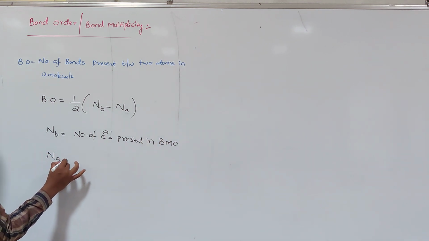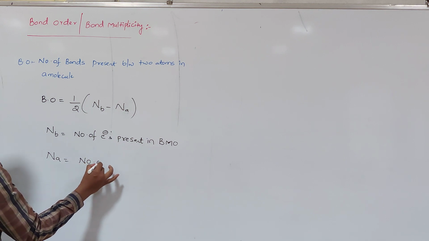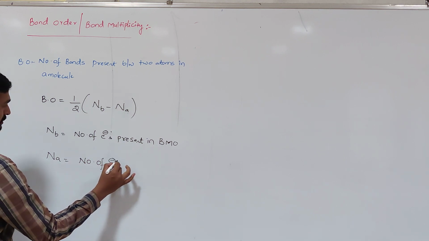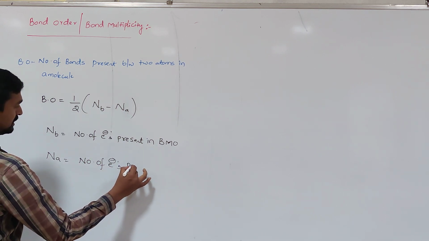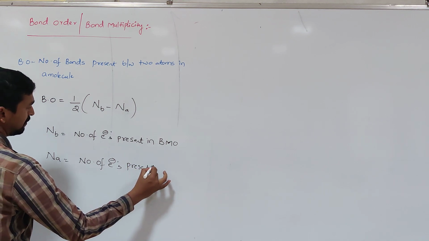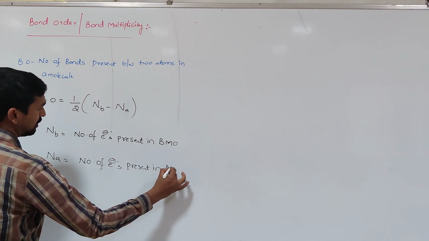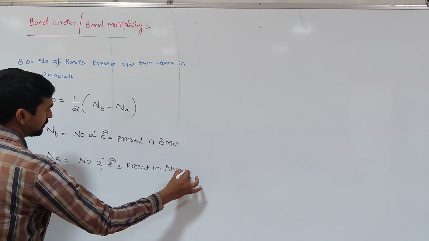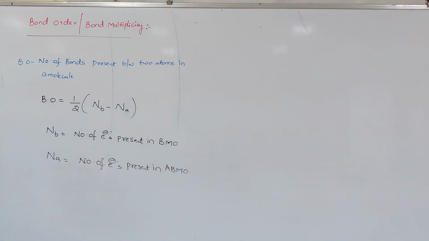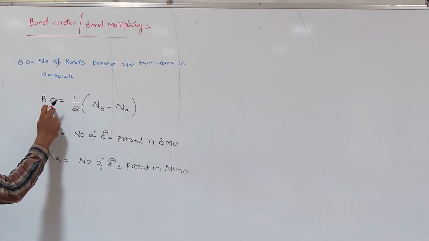NA is equal to the number of electrons present in the anti-bonding molecular orbital. So by calculating how many electrons are in the bonding and anti-bonding molecular orbitals, and substituting in this formula, we get the value.